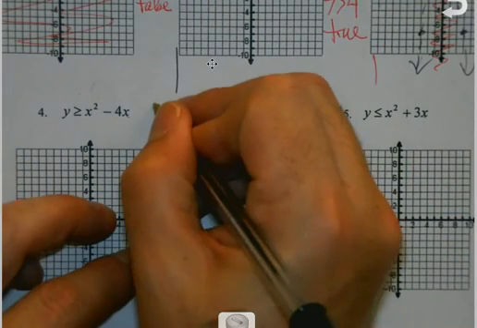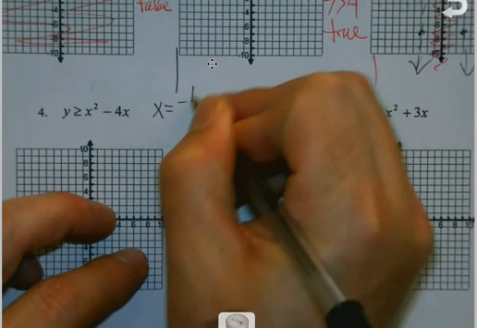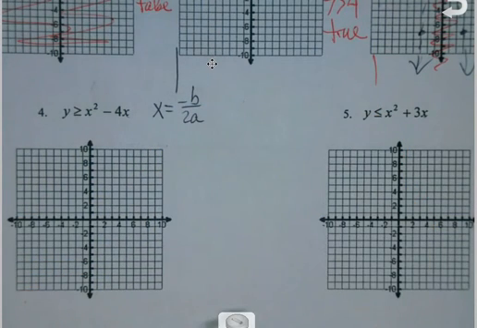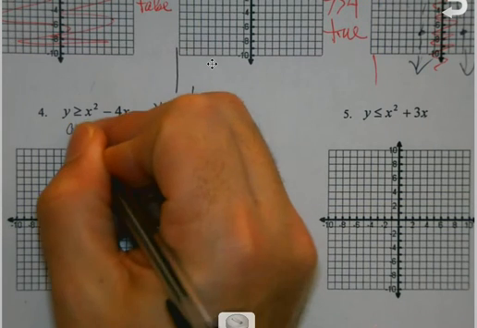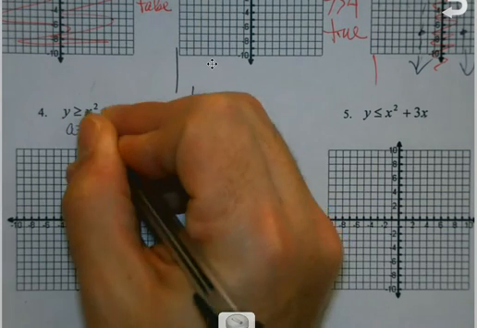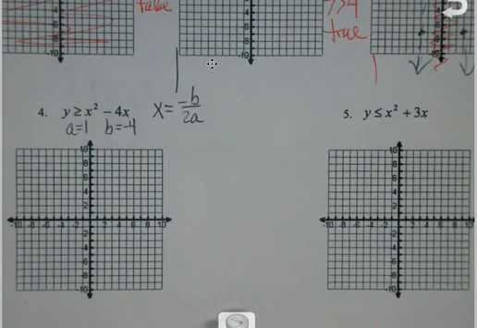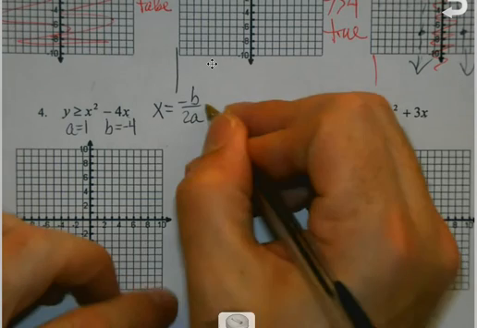I'm going to have to use my vertex form. I'm going to have to find my x value using negative b over 2a. And here, my a value would be 1, the number in front of x squared. The b value would be negative 4. So as long as I'm careful, I'm only going to have to do one thing mathematically, and then I'm going to let the calculator do it.